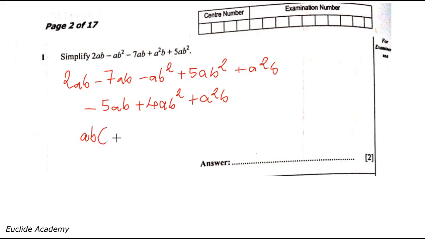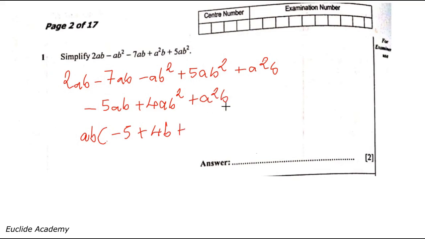Then we open the bracket and then we say negative 5. Since we factor out ab, we just remain with negative 5 here. Then we say plus 4b. When we factor out ab, we just remain with 4b.